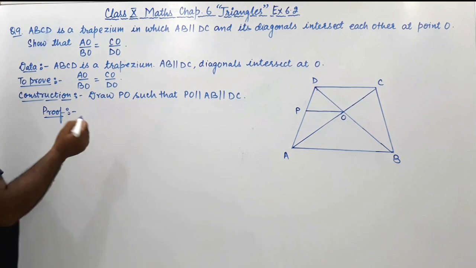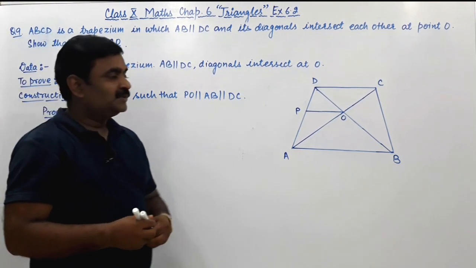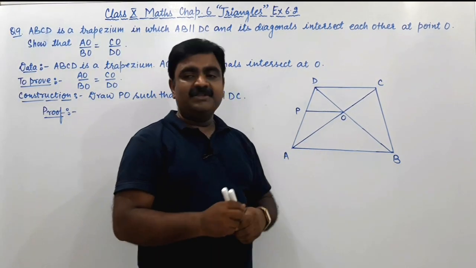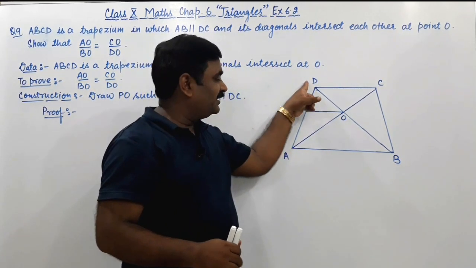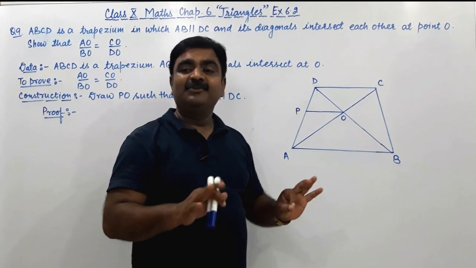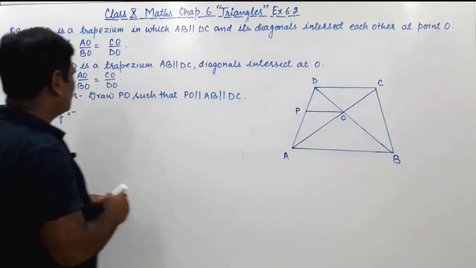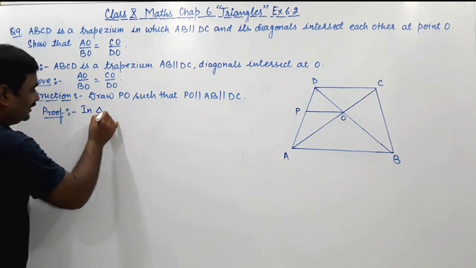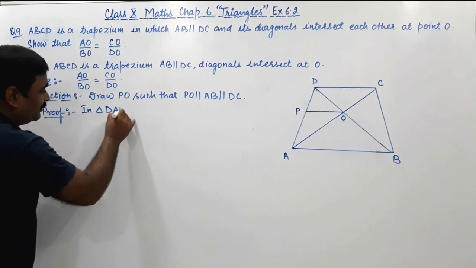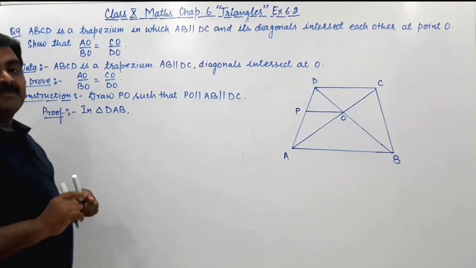जब आपने ये लाइन ड्रॉ किया PO which is parallel to AB, so as PO is parallel to AB, in the triangle DAB you just apply this thing. Okay, so in triangle DAB, इस DAB में आपको क्या मिल रहा है?